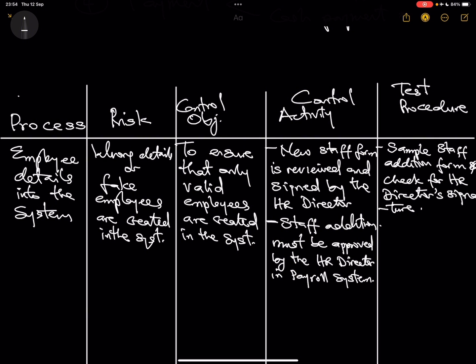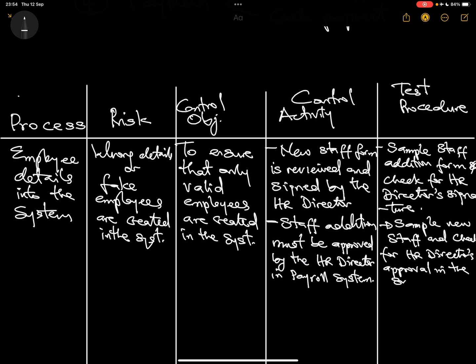So check for the signature, and for the approval in the system as well, auditors need to sample new staff and check for HR director approval in the system.